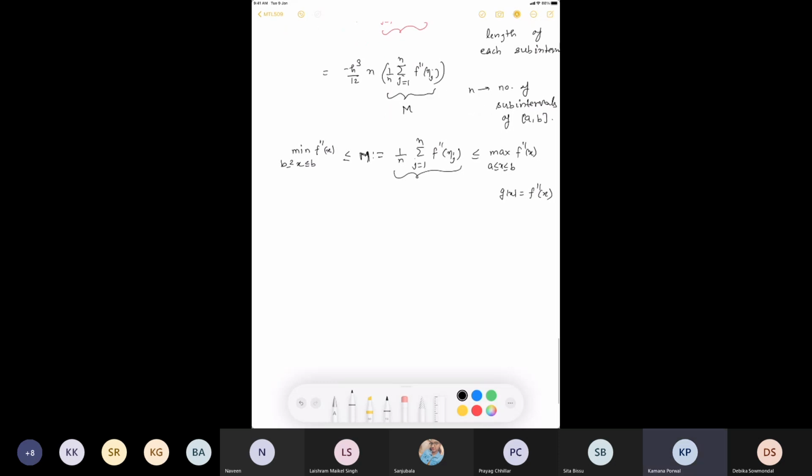So can you use the integral mean value theorem and say something? Sorry, the intermediate value theorem, not the integral mean value theorem. Can you use the intermediate value theorem to conclude something from here?